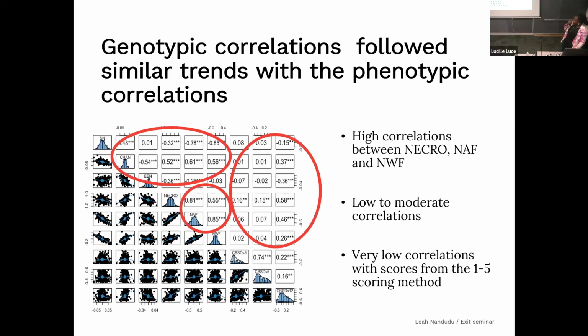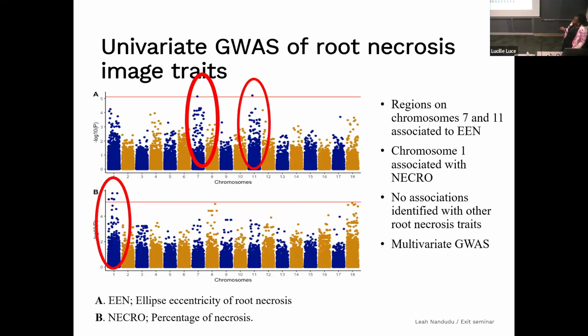So we went ahead to do univariate GWAS, and we found associations with only 2 SNPs for 2 traits. For the eccentricity of necrosis, we found SNPs on chromosomes 7 and 11, which didn't show up when we did the univariate GWAS analysis with the 1 to 5 scoring method, but have shown up in the ancestors of the C2 population. And then again, we see the percentage of necrosis having SNPs on chromosome R1.